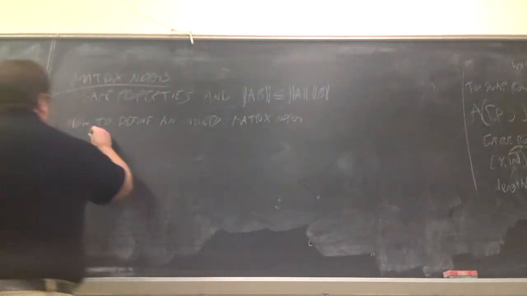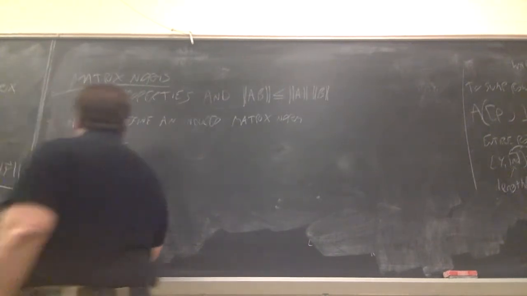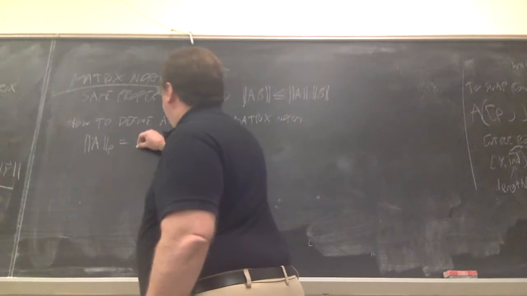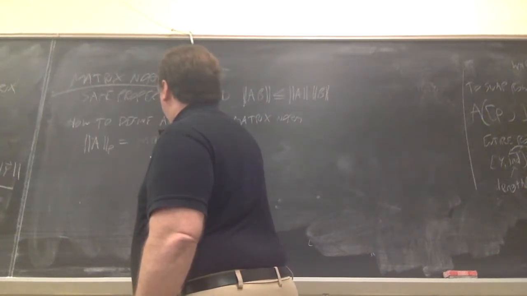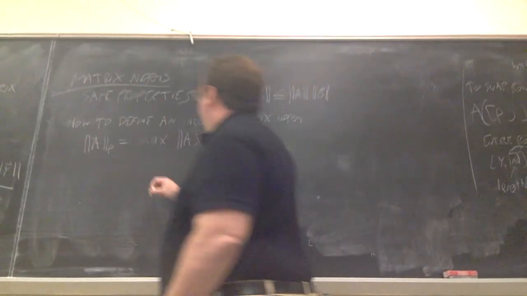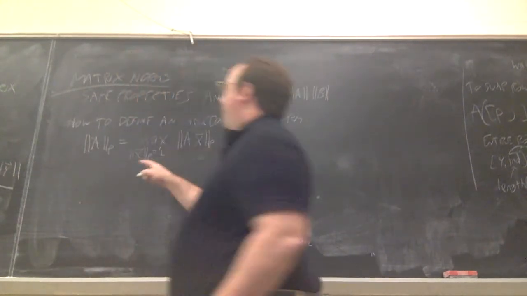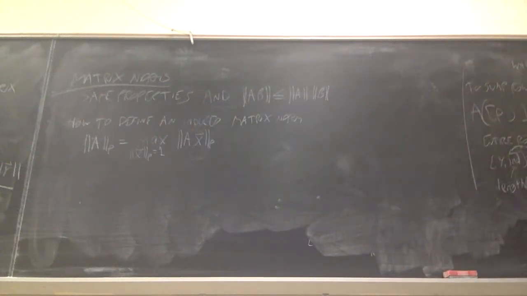So what you do is the p norm of a matrix, for whatever value of p, is the maximum of the vector norm, the same vector norm, of A times x, where x is any vector that's a unit vector in that norm. So you can think of a matrix norm as the largest possible amplification of a vector that it could possibly give.